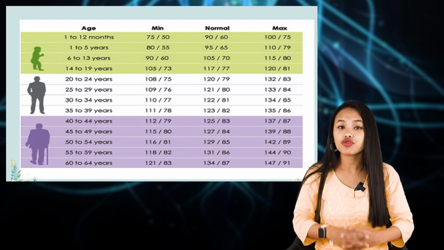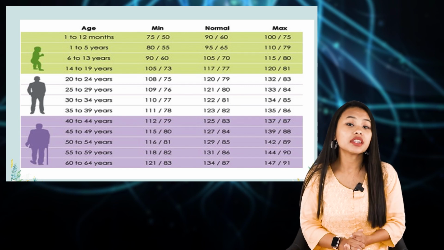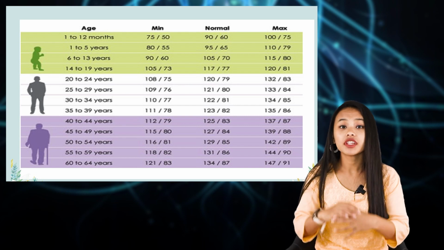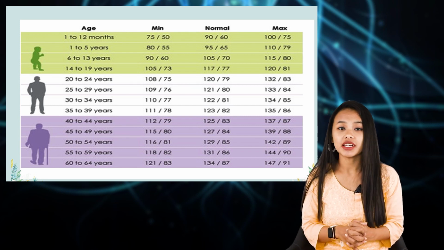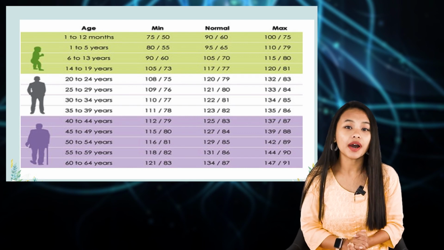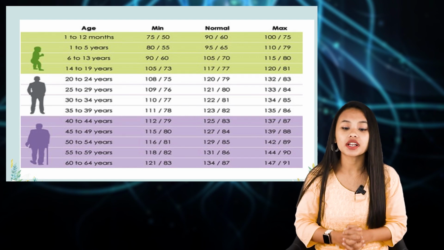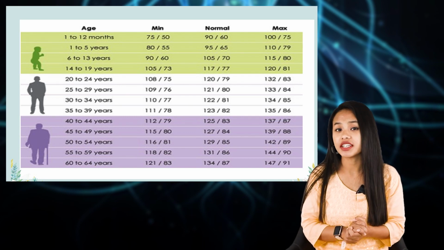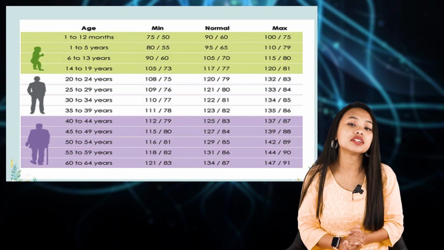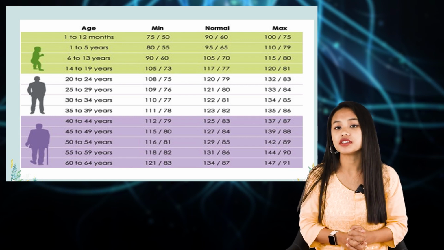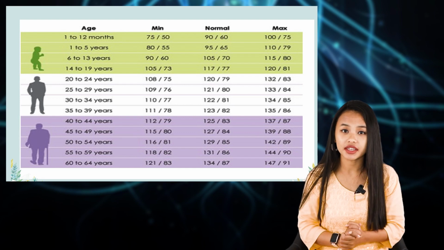If the client is between 1 to 5 years of age, then their minimum blood pressure can be 80 by 55, their normal is 95 by 65 and their maximum is 110 by 79. And if the client is between 6 to 13 years of age, then the minimum is 90 by 60, their normal is 105 by 70, whereas their maximum is 115 by 80.